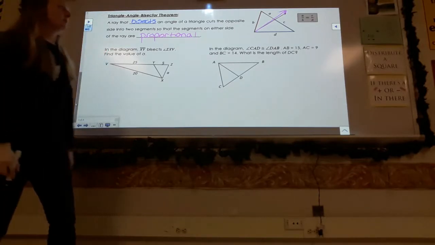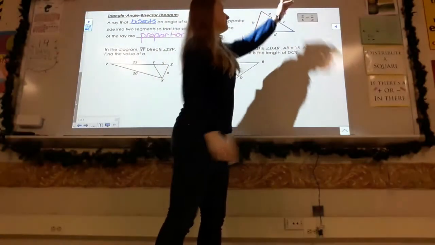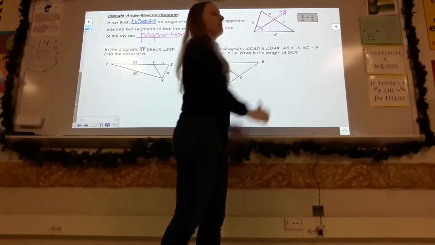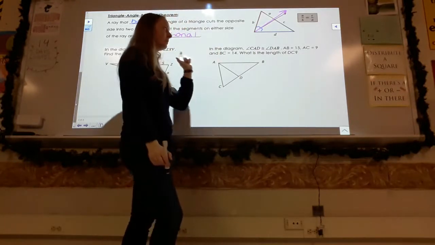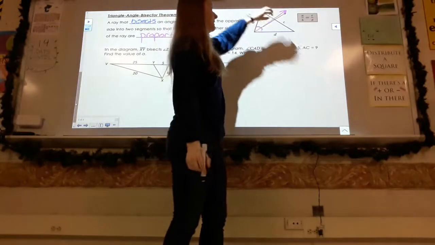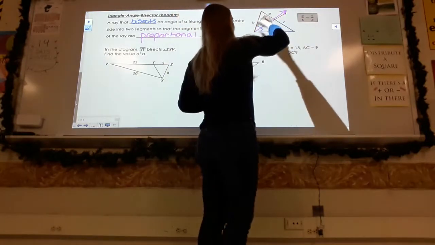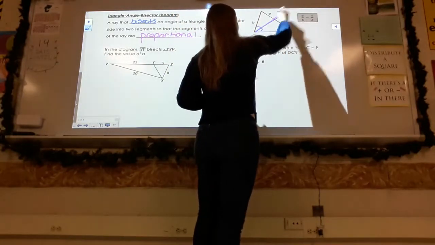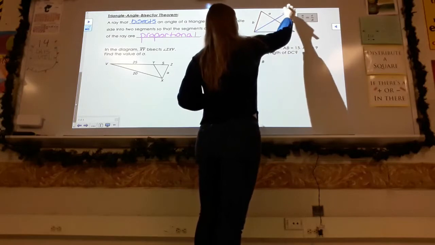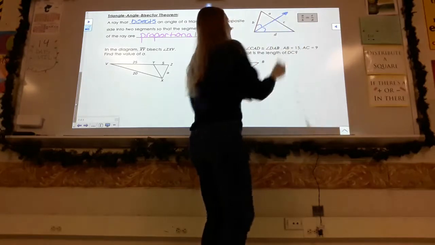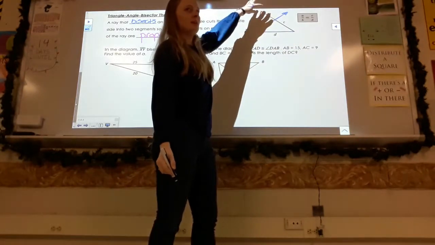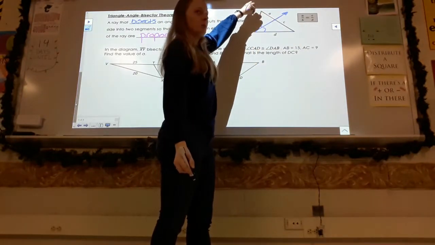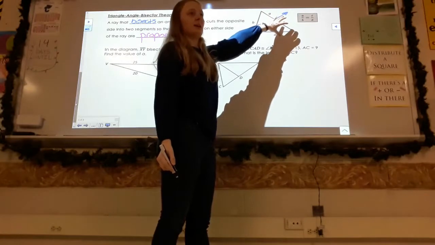The way this one works is you have to have that this ray is cutting the angle in half first. You can't use this rule unless you know that this ray is actually cutting the angle into two equal parts. When it does that, I usually refer to this as a river. I don't know how I started doing that, but that was one of the analogies I was using last year. So if this is a river, these two pieces on the left-hand side get stacked together in a proportion, and these two on this side get stacked in a proportion.